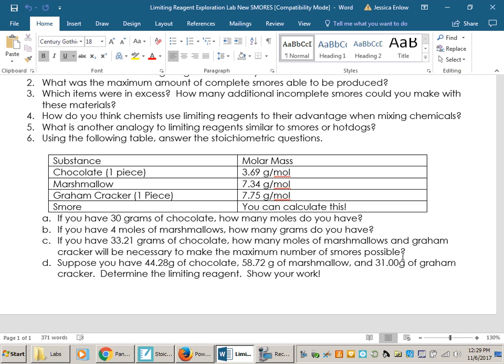Ready? So let's write stuff. Just for 2 moles of. No, there's only. What's the 1-to-1 ratio? So it would just be 1-1, not 2-1. Graham crackers and chocolate, so it'd be 2.